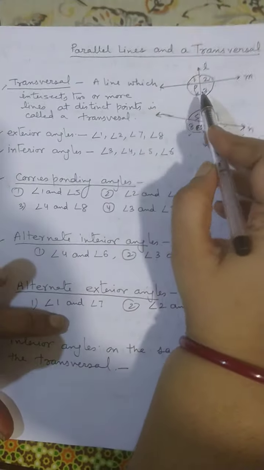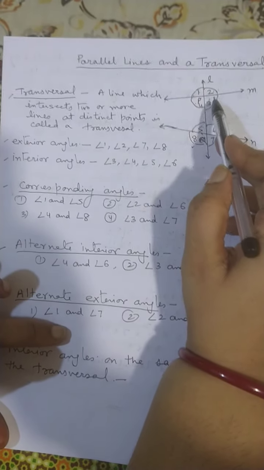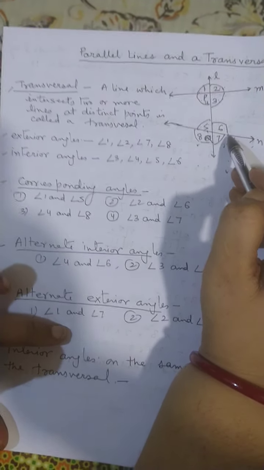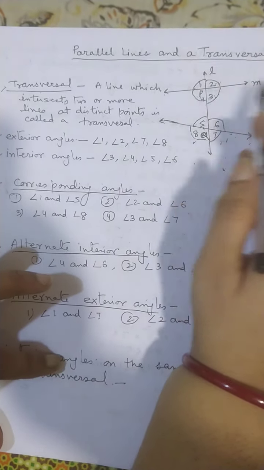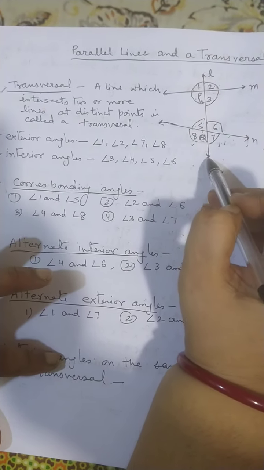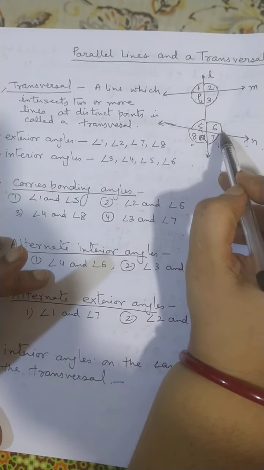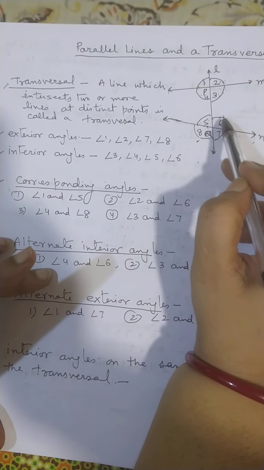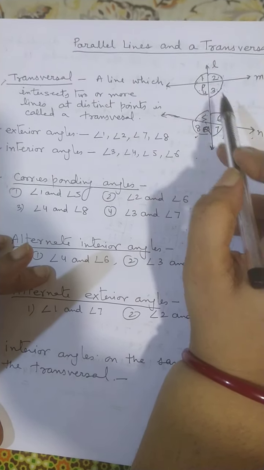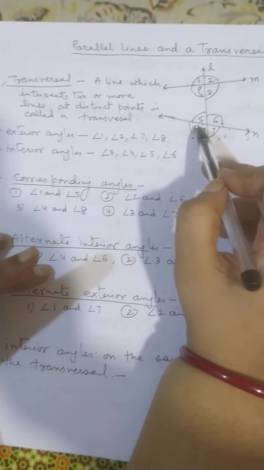What are they? Interior angles means we are talking about 3, 4, 5 and 6. So interior angles on the same side of the transversal. This is a transversal. So 3 and 6 are interior angles on the same side of a transversal. Another pair is angle 4 and 5.